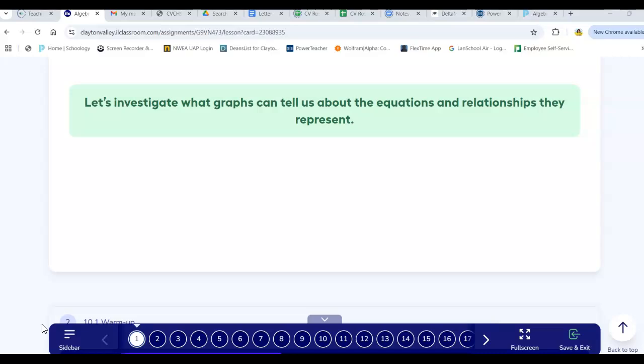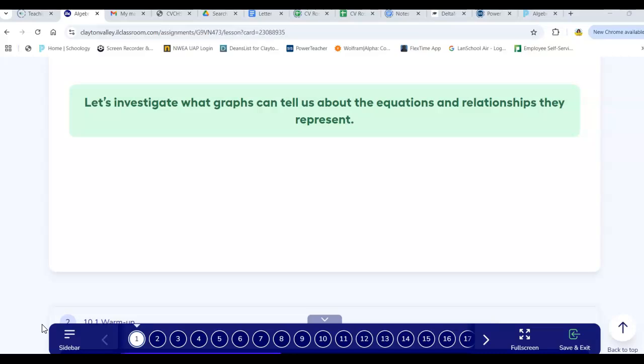okay? So you know that you've been working with equations. We have worked with equations in one variable. We've worked with equations in 2 variables. That's from Lessons 8 and 9. And we've rearranged these equations, okay, so that we can isolate, or get all by itself, one of the variables, okay?